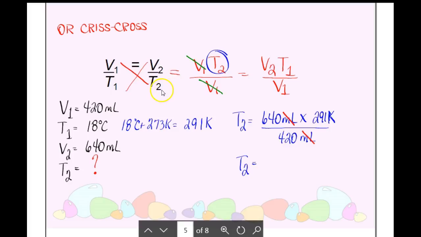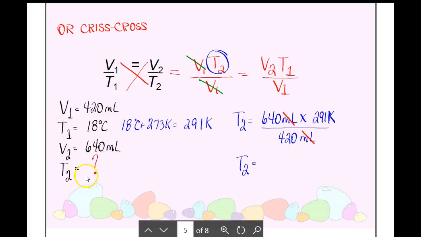Again, we're just crisscrossing. We're bringing the V1 down. Bring that V1 down. And in the exchange, we're going to put the T2 up. And then over here, we're going to bring the T1 up, and we've got our equation. And then over on the side, look what I've done.